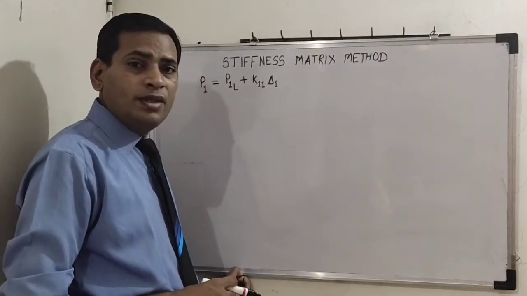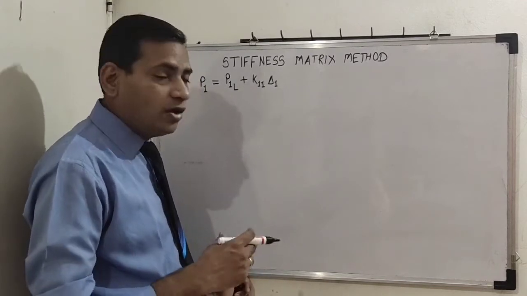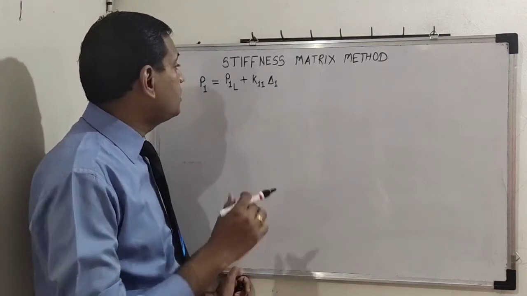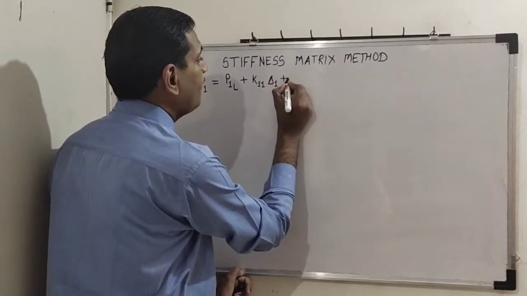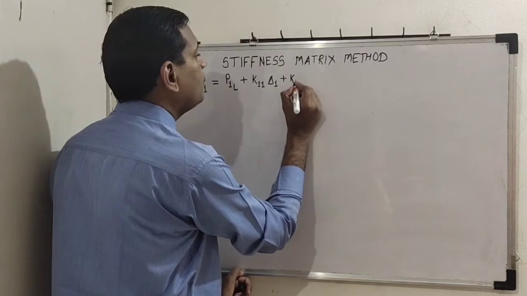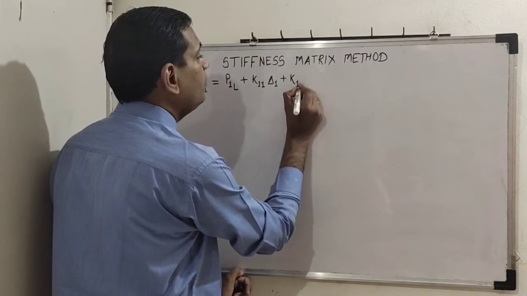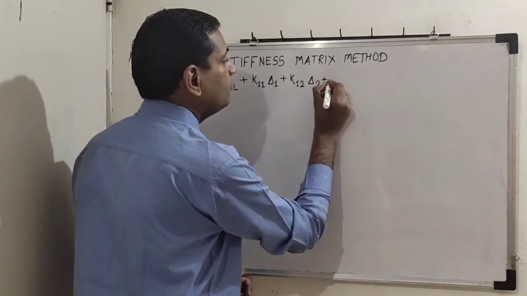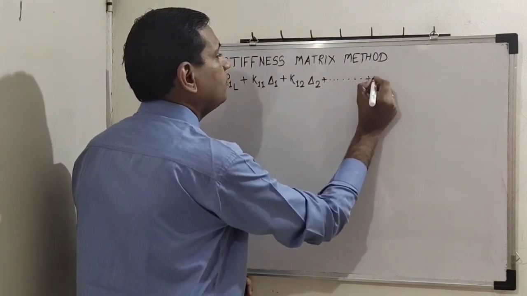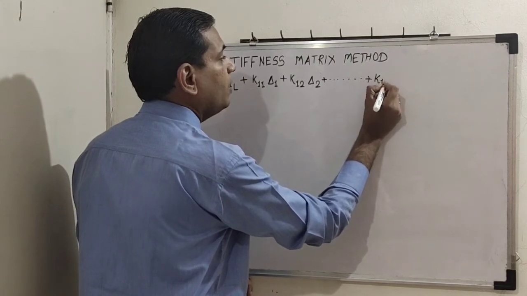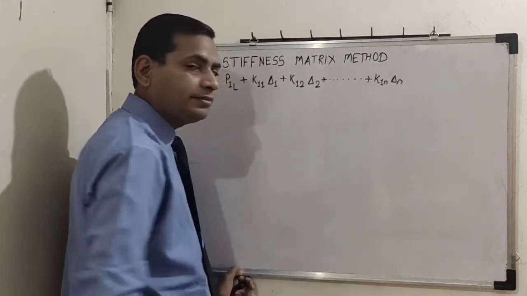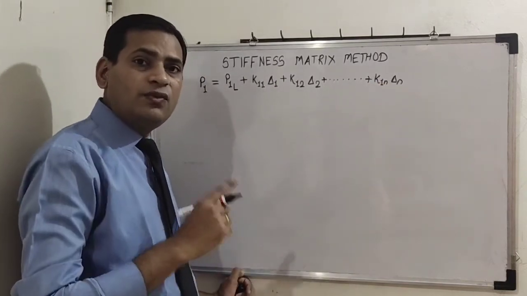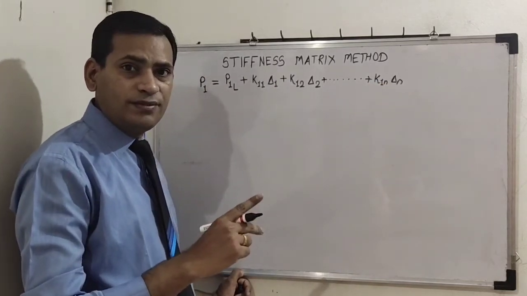Delta 1 is the displacement or rotation on one of the locations in the structure, plus K12 delta 2 and so on, plus K1n delta n. So this is one equilibrium equation on our first unknown location.